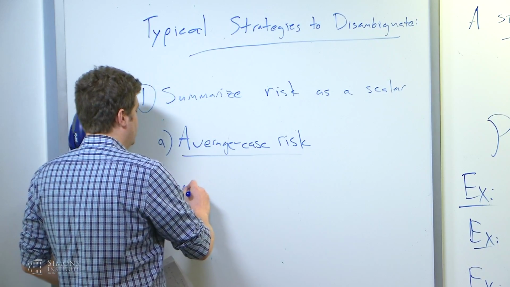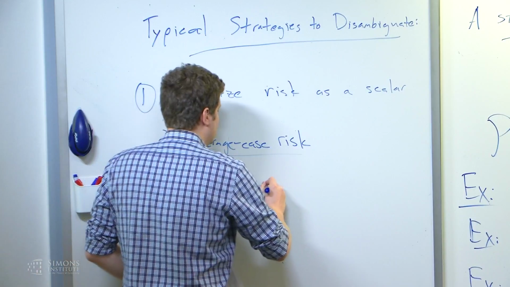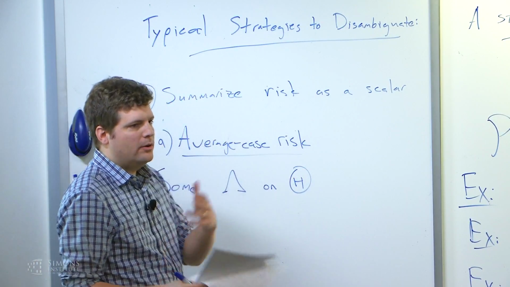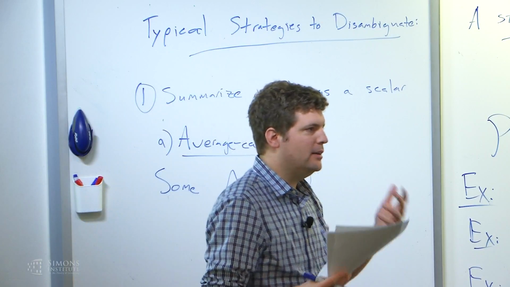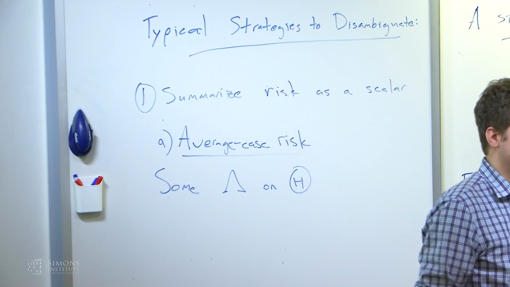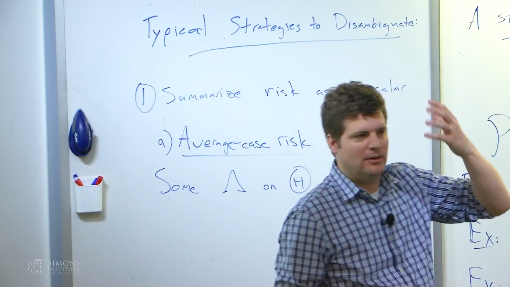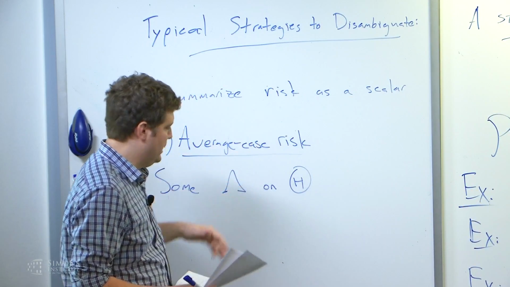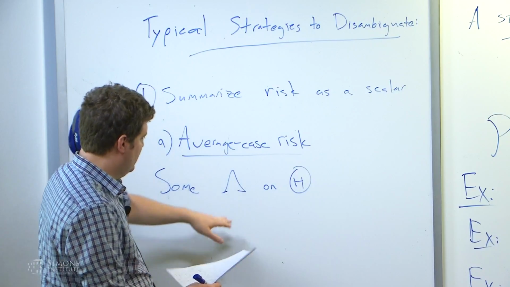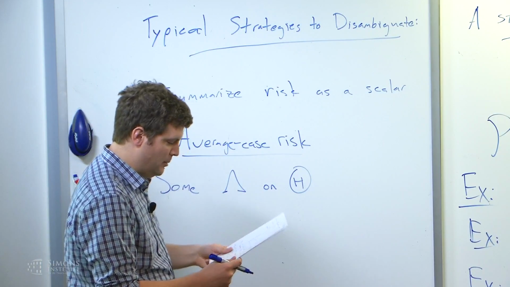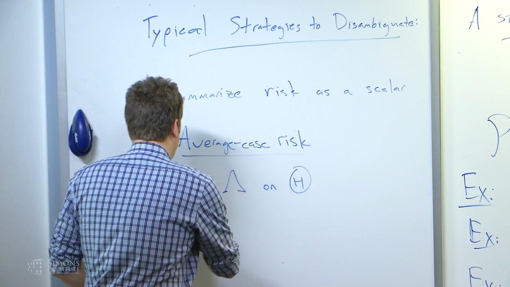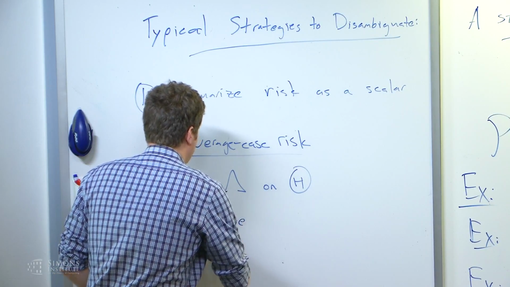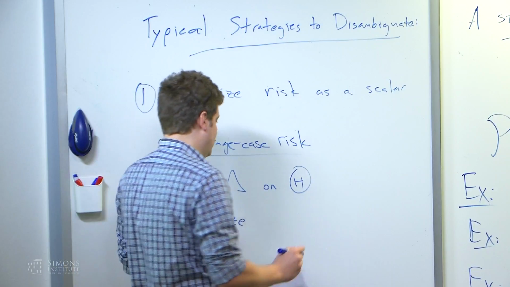So we have some measure lambda on the parameter space. Notice you don't have to bring in any epistemological trappings about having a subjective belief about the data. We can just say we're doing average case risk here. So we have some distribution on the parameter space capital Theta, and then we try to minimize over our choices of estimator.